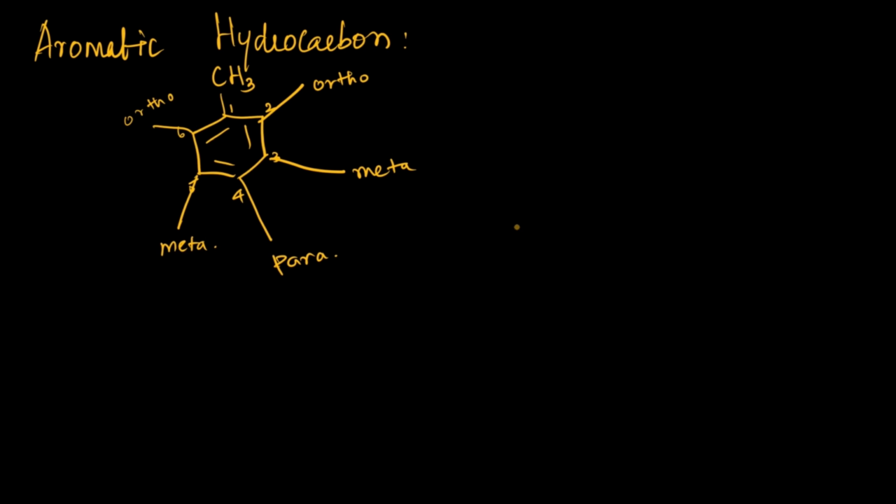Okay, this thing you need to remember. Why am I saying this? Because if I want to name this, according to the functional group priority order, OH gets more priority. So the overall compound, without NO2, is phenol. So in the ortho position, I'm having nitro.